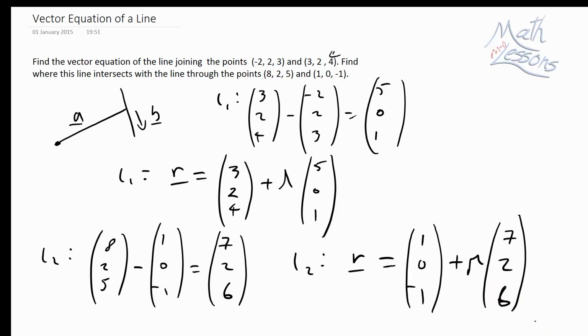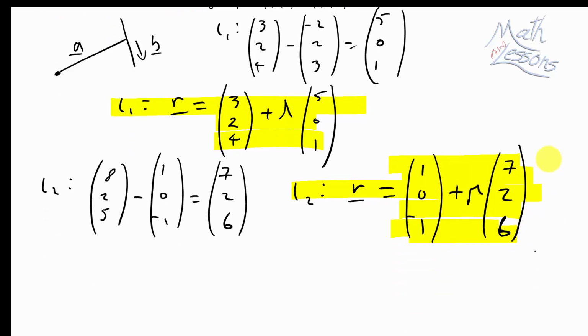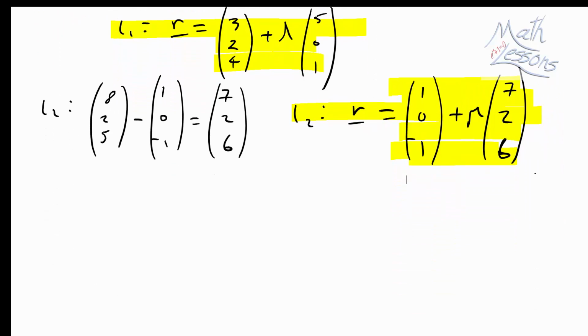So now we're going to work out where these two things cross. So we've got line 1 and we've got line 2, and we need to solve where these two cross. So what we need to do is remember that r is effectively equal to x, y, z.